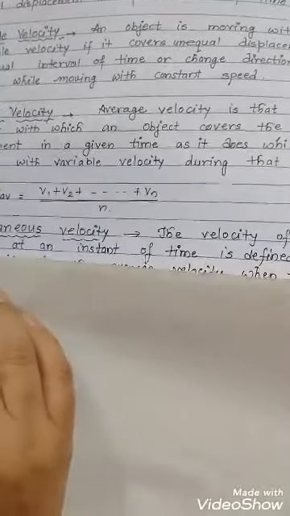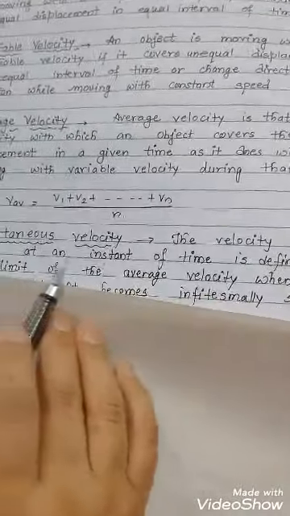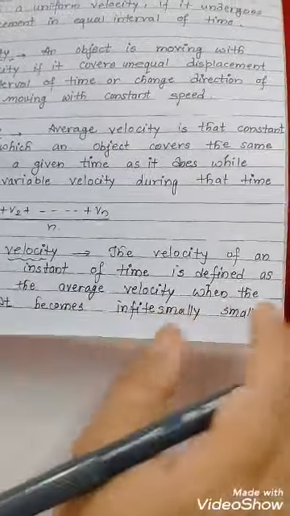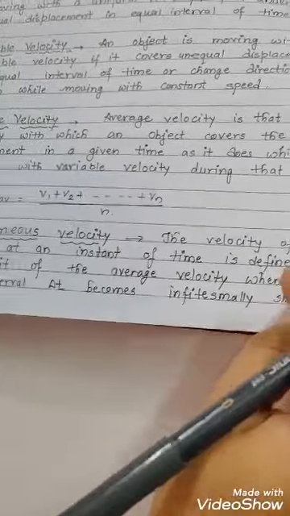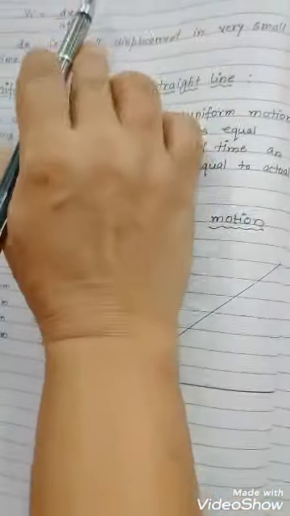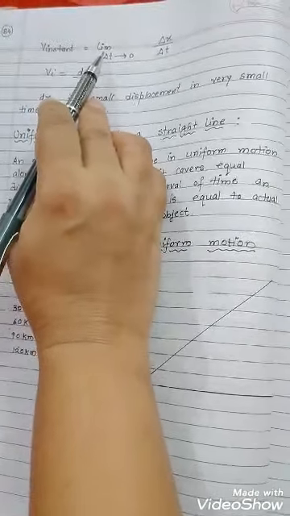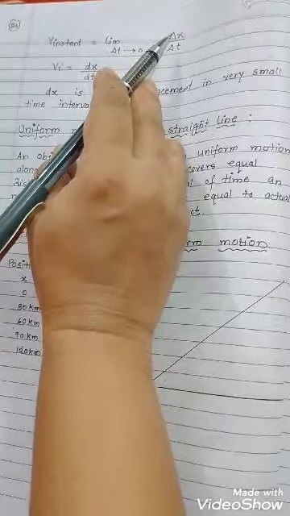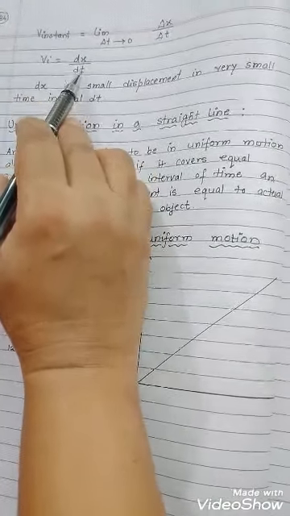Okay. Next, the instantaneous velocity. The velocity of an object at an instant of time is defined as the limit of the average velocity when the time interval del t becomes very small, that means del t tends to 0. So V instant can be written as limit del t tends to 0 of del x upon del t, that is Vi is equal to dx upon dt.